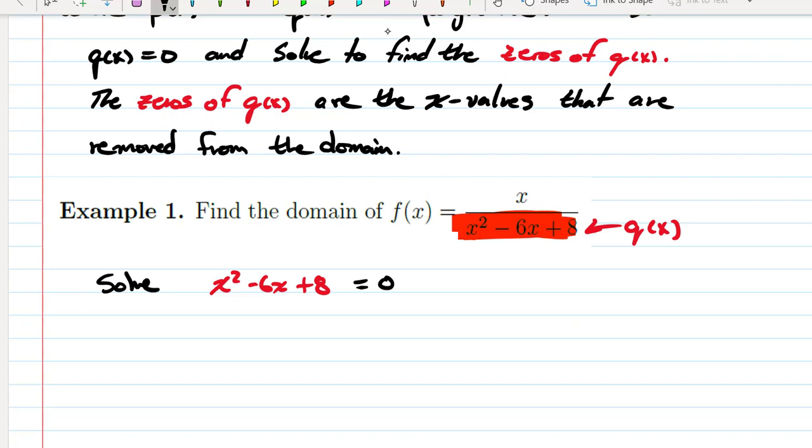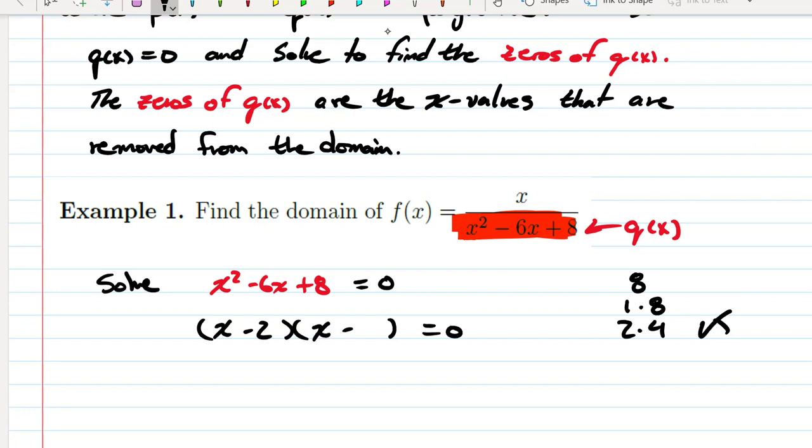So it's a quadratic, and it's going to factor. So what are our factors of 8 that give us -6? Well, 8 has factors 1 and 8 and 2 and 4. So this factors into x minus 2 times x minus 4 is equal to 0.